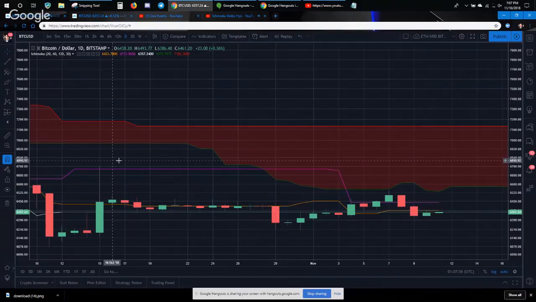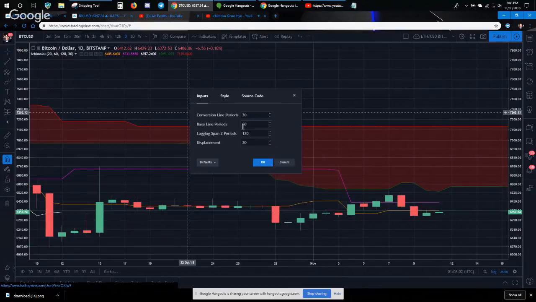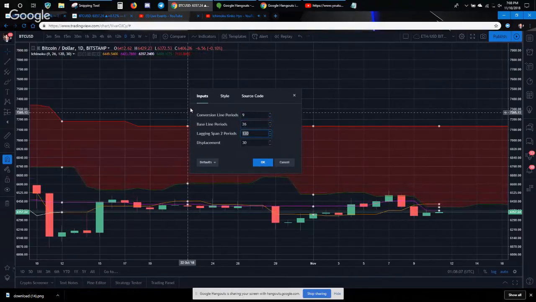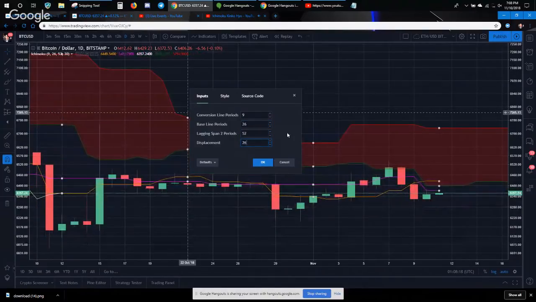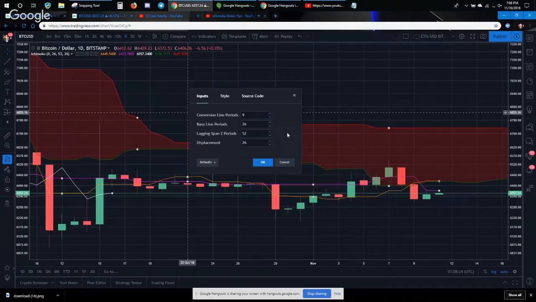So the settings you see that come standard on TradingView and most other platforms are 9, 26, 52, and 26. Those are your typical standard default Ichimoku settings. Again, those were based on the 6-day trading week that Japan had.